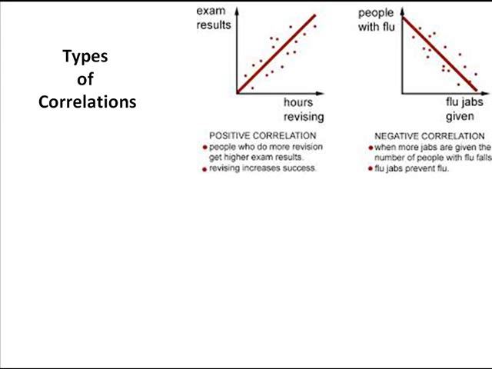But it's called a negative correlation because when the x value gets greater, the y value gets smaller. And so the correlation we would say is when jabs are given, the number of people with flu falls. That's the correlation. And again, you can move one step further and generate a conclusion. And the conclusion is that flu shots prevent the flu.